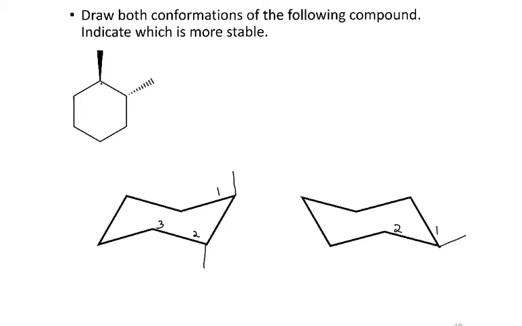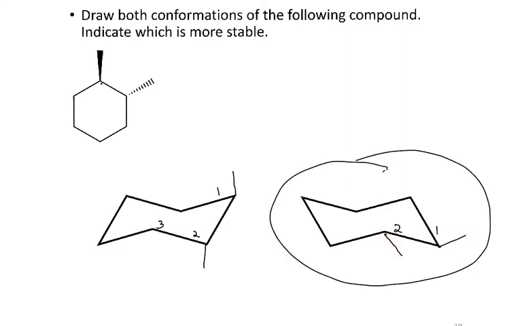And then on carbon 2, it was axial and down, so now it's got to be equatorial and down. All right, and then they want to know which one is more stable. Well, in the one on the left, both methyls are axial. It doesn't like that. In this one, they're both equatorial, so the conformation where both methyl groups are equatorial is going to be preferred.